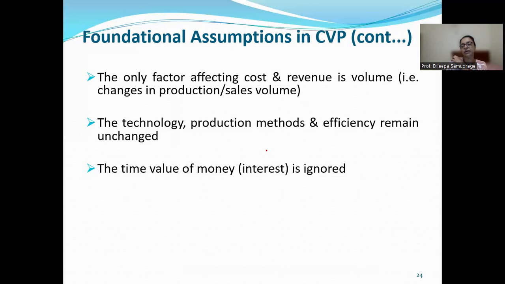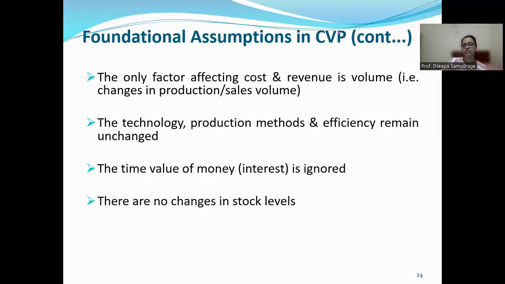Therefore cost of capital is equal to 0, if you don't consider inflation. So you don't consider the inflation, right? So you don't consider the time value of money, right? So that means cost of capital is 0.